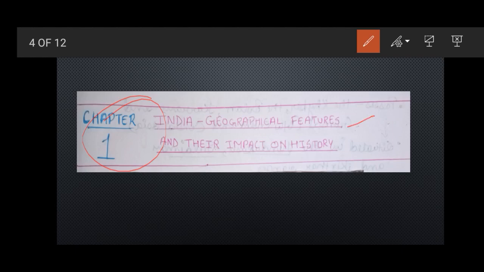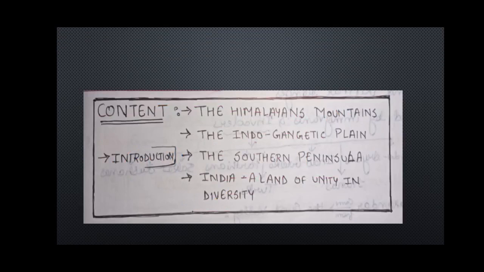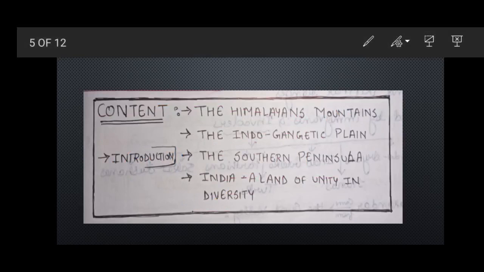Today I'm going to cover chapter 1 of this particular book, that is India: Geographical Features and Their Impact on History. Here is the content of chapter 1, which has a total of five topics. The first one is the introduction, which deals with the geographical features of the region or country and how they impact the history of our country.